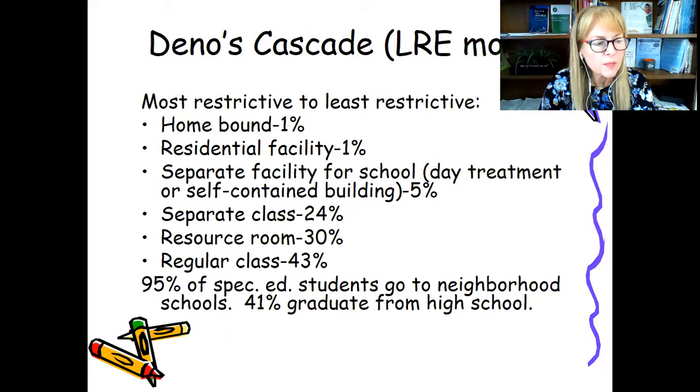Here is a list of the placements from the LRE model. As you may know, there is more variance within children that have the same diagnosis than there is in the entire school population. For example, think of children you may have worked with who've been diagnosed with autism. Are they more alike or different?